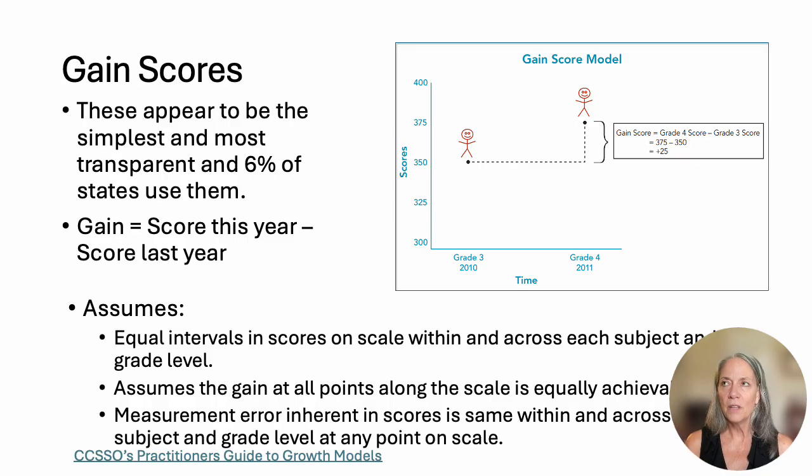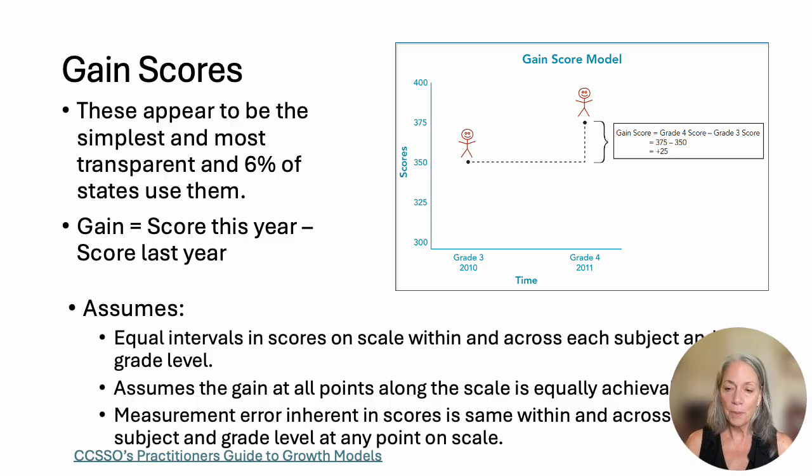I think this is the one that we tend to ignore the most because we just think it's like a number line. It looks like a number line, but it's not a number line. Sometimes, and we've seen this in the past for most tests, making 5 scale score point gains at the lower end of the scale is easier to accomplish than making 5 scale score points at the top of the scale.